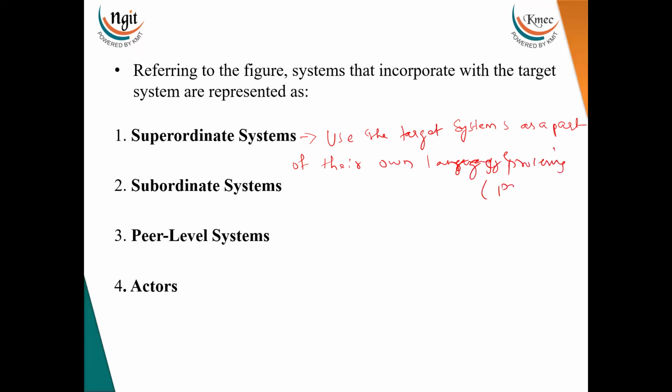Larger processing means the parent systems, we say. Okay, these are parent systems.